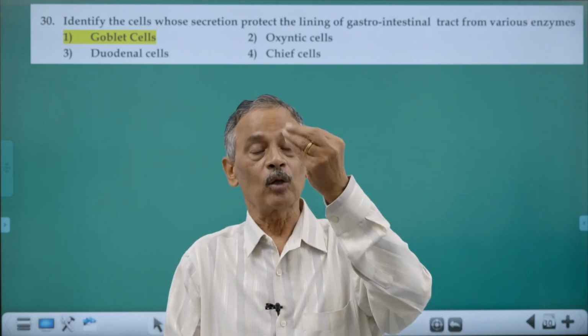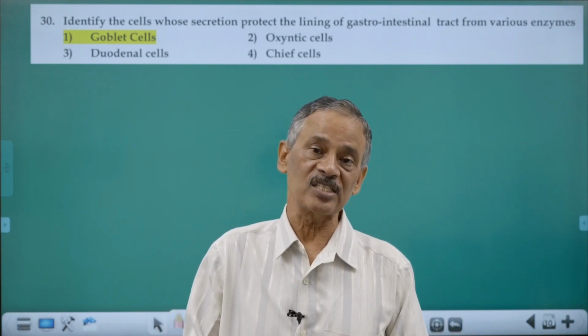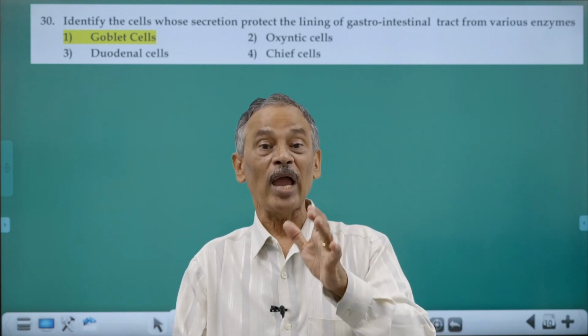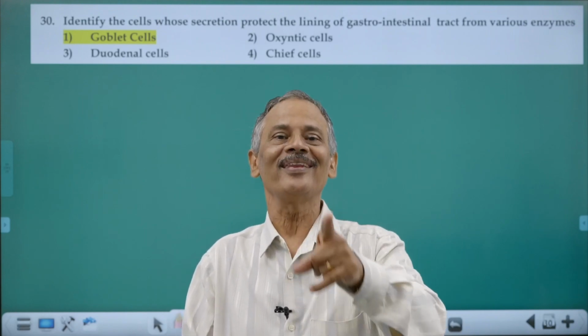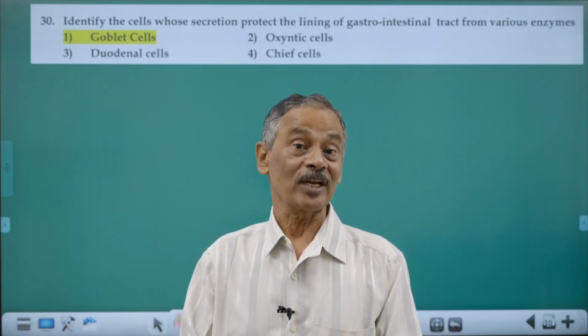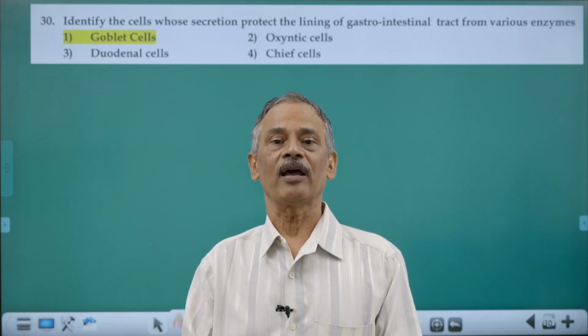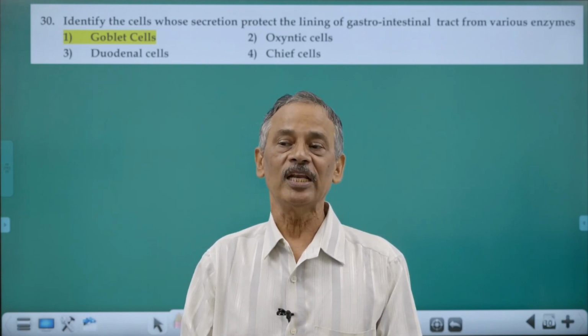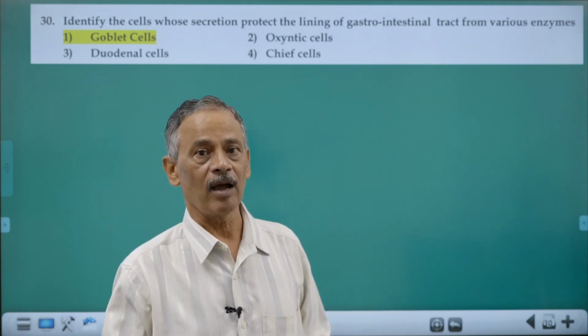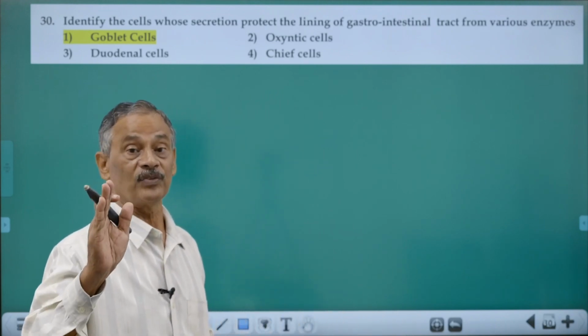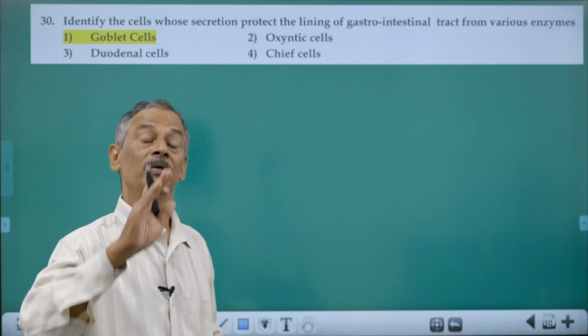Second, it causes the food particles to stick together. It will also act as a physical barrier, protecting the lining of the alimentary canal from the activities of the enzymes.